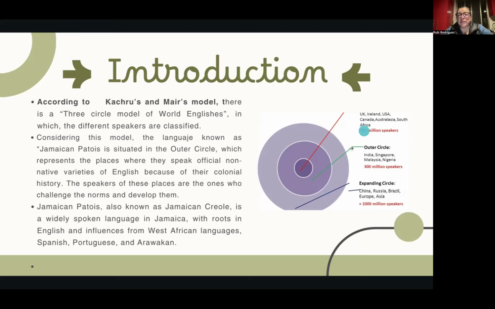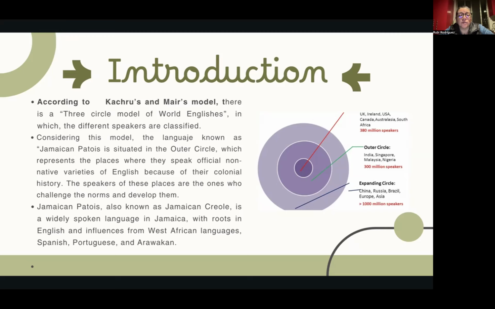As we can see, in these three concentric circles, Jamaican Patois is situated in the outer circle, which represents the places where they speak official, non-native varieties of English because of their colonial history. The speakers of these places are the ones who challenge the norms and develop them.